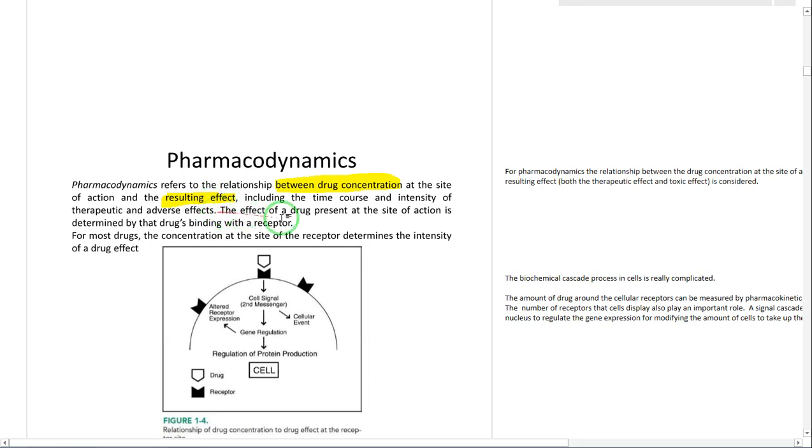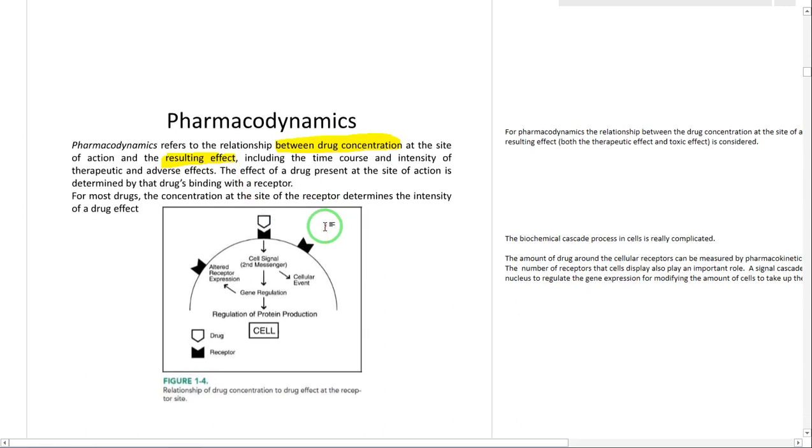This pharmacodynamics is going to be much more complex because we have the biochemical cascade process in which, if you have the drug, for example in the affinity of these receptors, first of all they have to send a signal to the nucleus so that the receptors on the surface of the cell have to be modified.